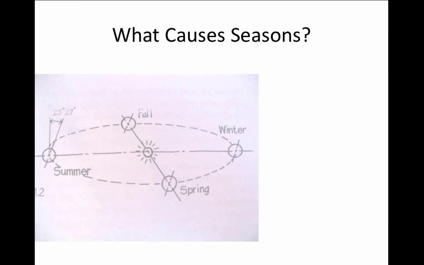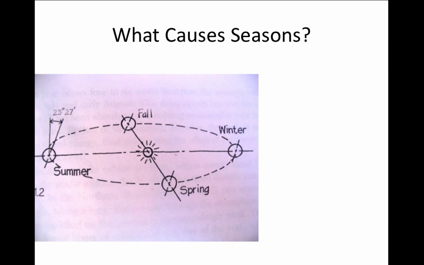Well, it's because the Earth is tilted on its axis at about 23 degrees. And as it goes around the sun during the year, during the summertime the northern hemisphere is more directly pointed toward the sun.